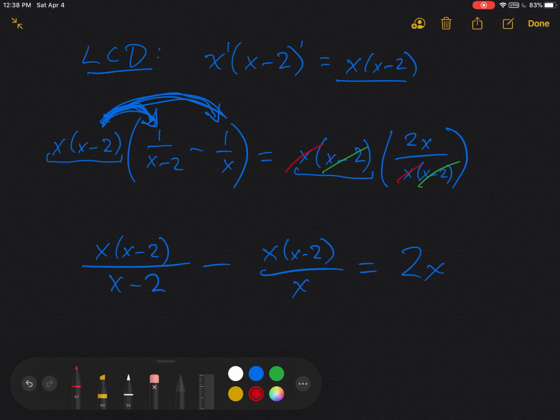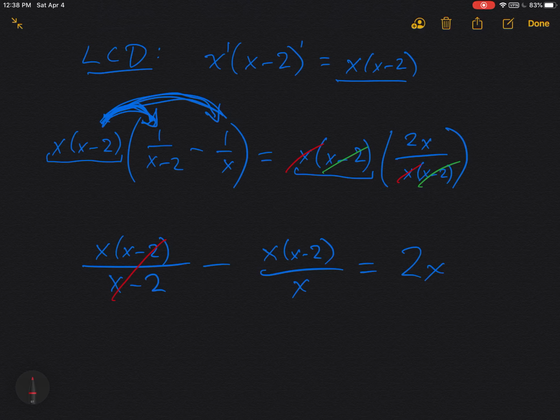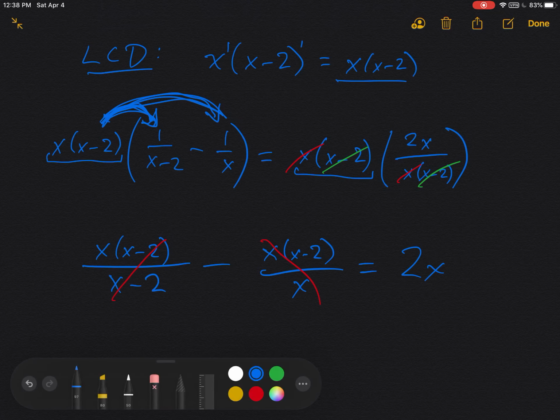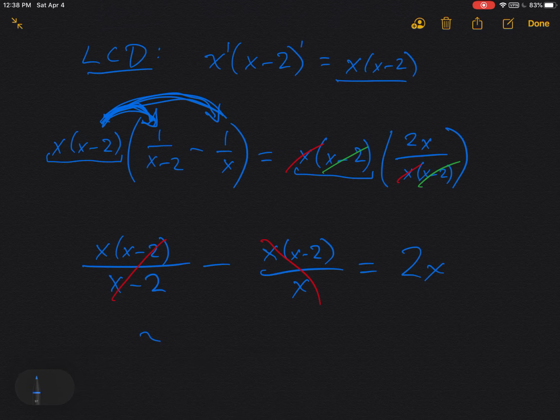And now again, I can look for cancellation. In this first term, I have an x minus 2 factor in the numerator and the denominator. In the second term, I have an x factor in the numerator and the denominator. So those are going to cancel. And then after cancellation, what I'll get is an x minus an x minus 2 equals 2x.